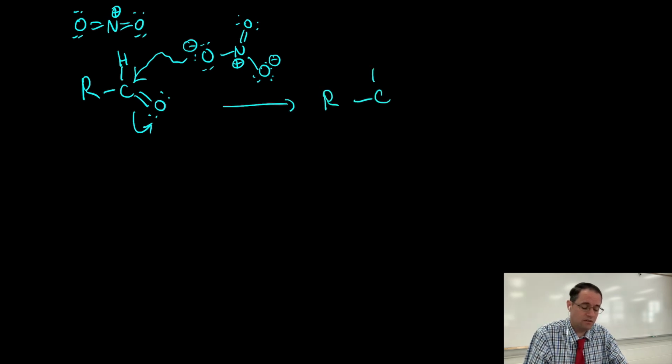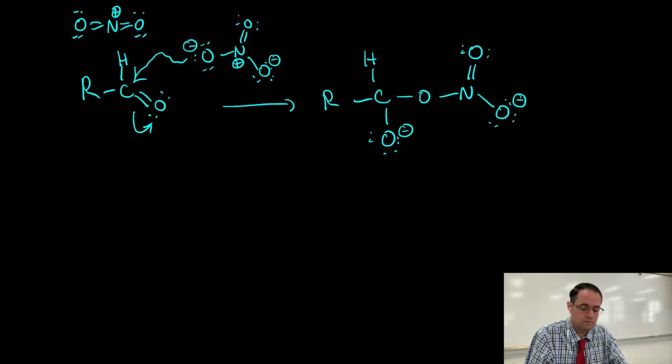Okay, and this can attack the carbonyl carbon of the aldehyde to give you this addition product, okay? So let's draw it all out. Okay, my hand's starting to get tired from doing all of this.